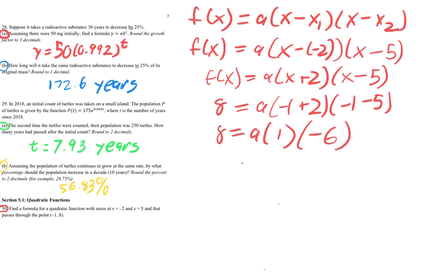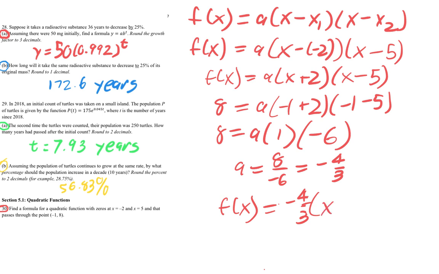So that means we know that a is equal to 8 over negative 6, which simplifies down to negative 4/3. So we can say that our f of x is equal to negative 4 over 3 times x plus 2 times x minus 5.